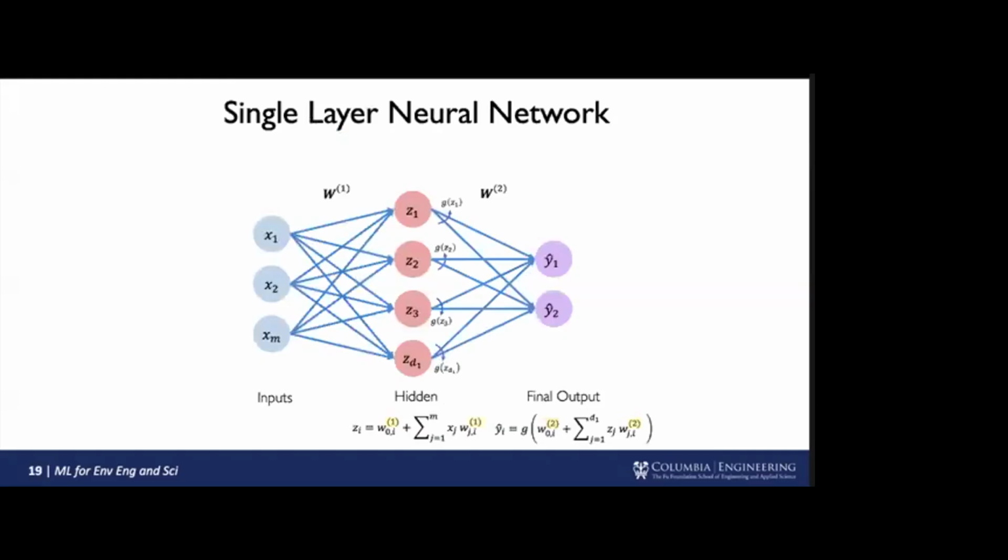Okay, now let's move from one perceptron to a single-layer neural network. The inputs are the same as before, but instead of feeding them into one neuron, we feed them into multiple neurons in parallel. These neurons form the hidden layer, shown here in pink. Each hidden neuron computes its own weighted sum and applies an activation function, so each one represents a different linear combination of the inputs.